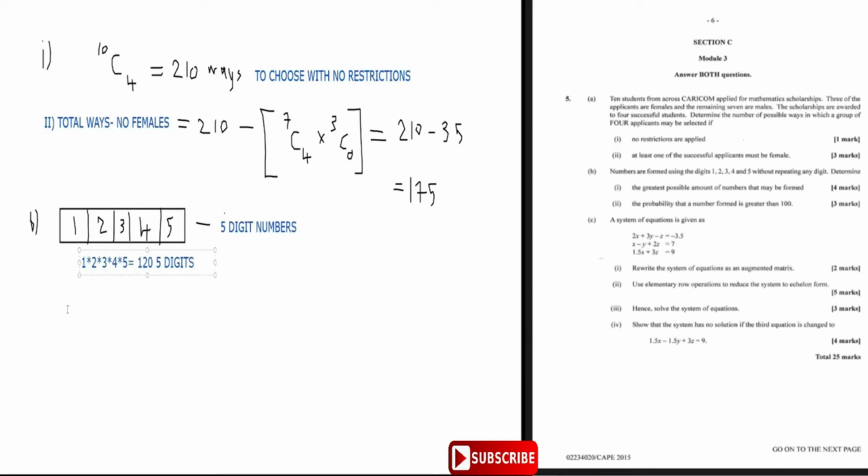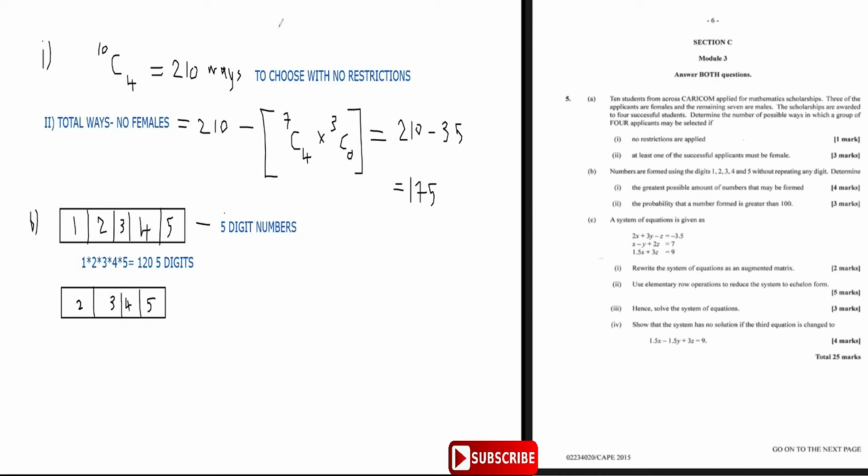All right, let's see how many 4-digit numbers can be formed. Again, I like to draw my box, but this time I'm going to cut it up into 4 pieces. So I know I can have 5 numbers here, 4 numbers here, 3, and 2.